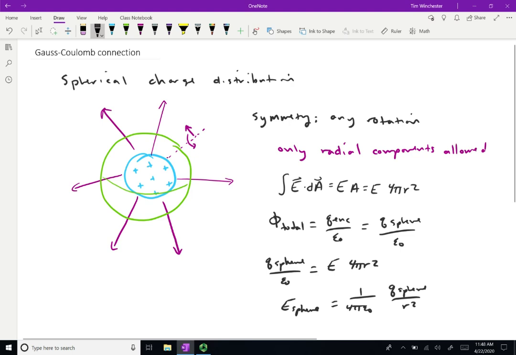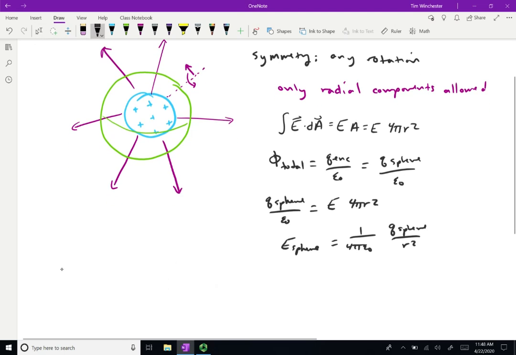One other thing that I want to point out is that Gauss's law, since it is considered a little more fundamental than Coulomb's law, is the first of a set of equations that we're going to talk about this quarter. So Gauss's law is the first Maxwell's equation.